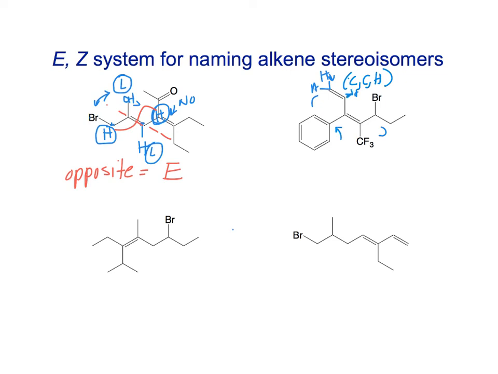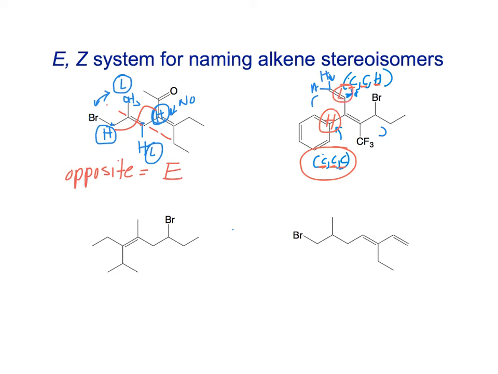This carbon here has no hydrogens, it's only attached to carbons then. So then we compare those two. We have carbon and carbon, tie, carbon, carbon, tie, hydrogen, carbon, and so this one over here gets the high, and this is low.